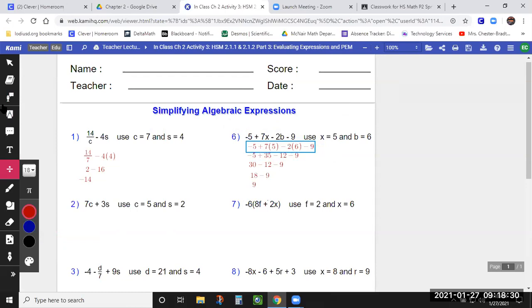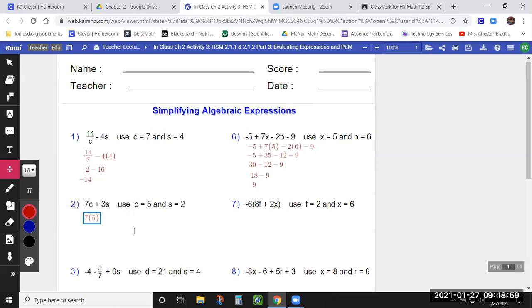Okay, so we're looking. We're on number 2. Because remember, I'm going sideways. They numbered it badly. Okay, so I'm going to put in what I know for C. So 7 parentheses. What's the value of C that they tell me? Five.